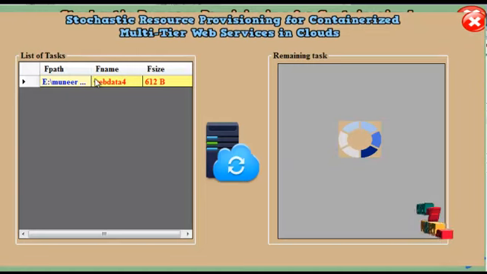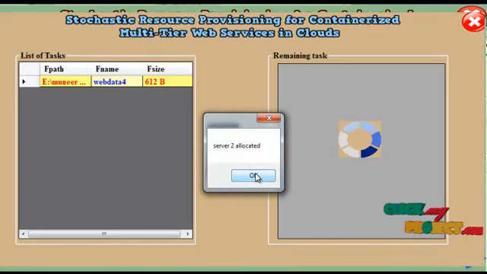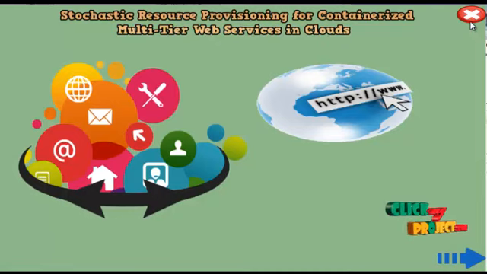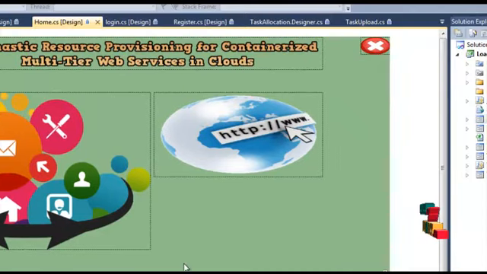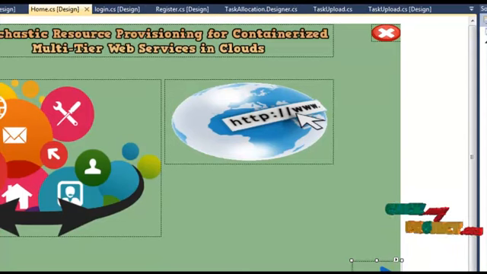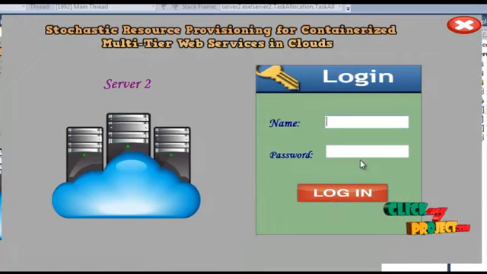After that, allocate this file to server 2. There are separate admins. Now you can see server 1 and server 2. Now you can see the server 2 process here. The server 2 admin initially logs in with his username and password. If you enter a wrong one, an error is shown here.